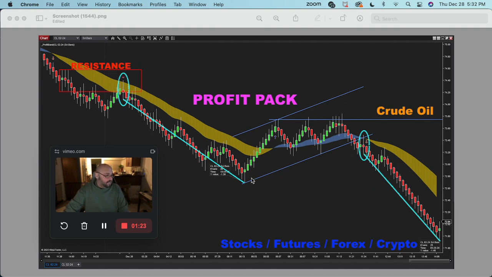So when we have these corrections, we identify these corrections by channel structures or trend lines. So we have a low here, we have a low here, we have a high in the middle. You could also see that that high that creates this channel formation served as resistance every time the buyers tried to push through it. So every time the buyers tried to push this level, they failed and failed again.